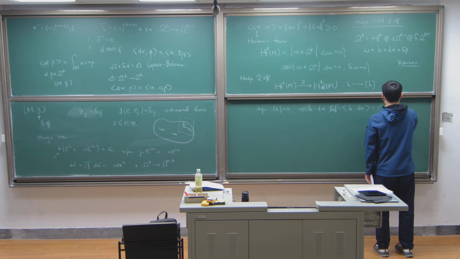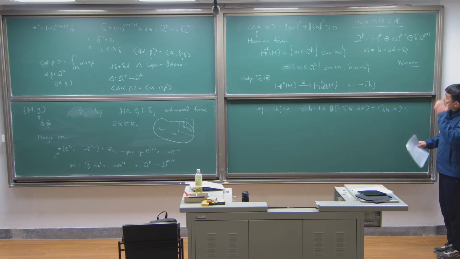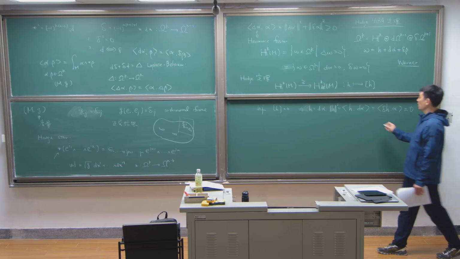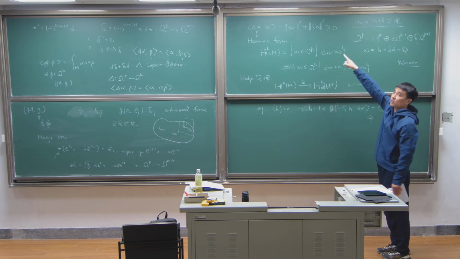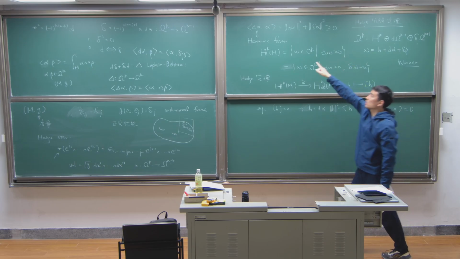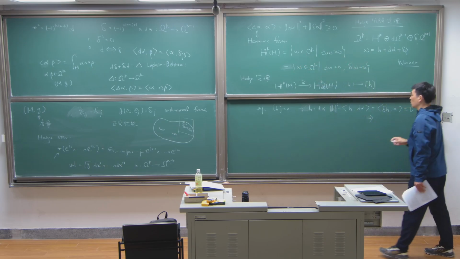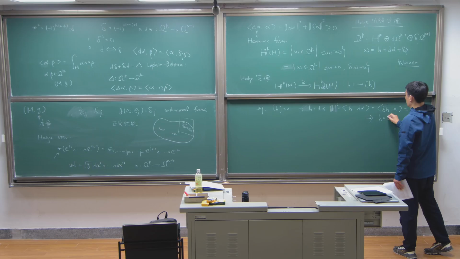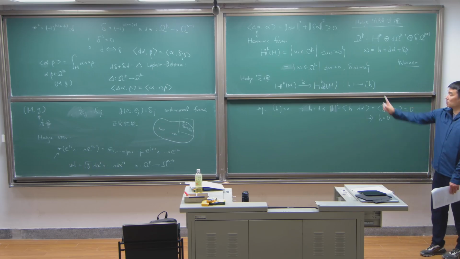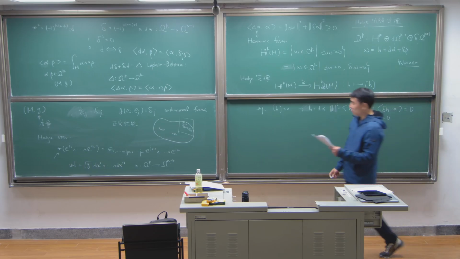Since H is harmonic form, this is equal to 0. So if you use 这个内积的正定性，H is equal to 0. Okay. So this means this map is injective. Surjective is also easy.